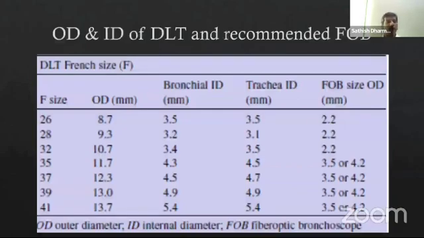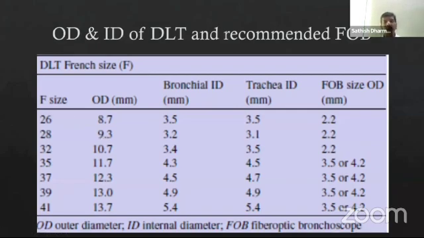This tabular column shows the various sizes of DLT, starting from 26 to 41. Usually we give the size in French, 26 French to 41 French for DLT. But it is very important to know the diameters of these DLTs. The outer diameter of each size is given, and the bronchial internal diameter and the tracheal internal diameter are also given.